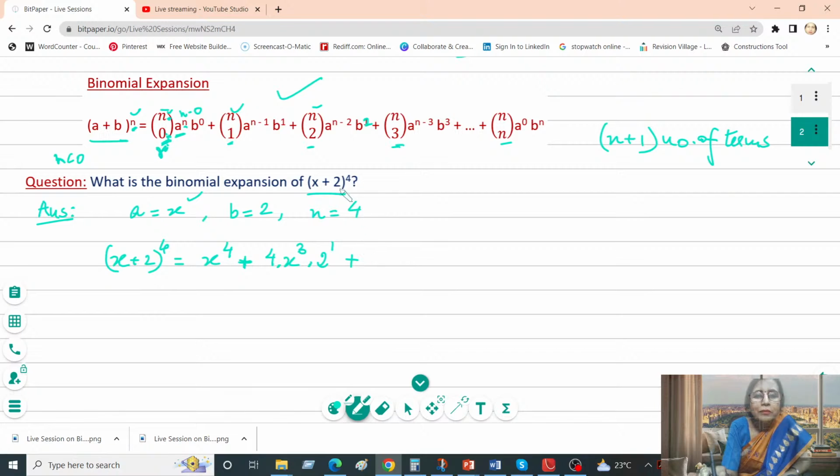Plus, in C2, now this we do not know, we have to calculate. So in C2 n value is 4. Therefore we write 4 factorial over r is equal to 2, so 2 factorial times 4 minus 2 factorial.